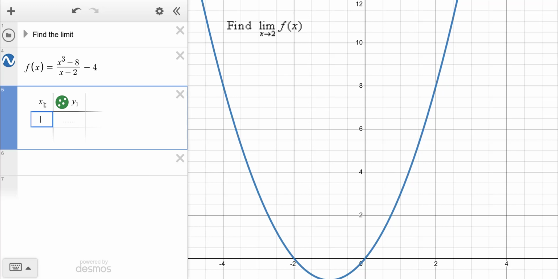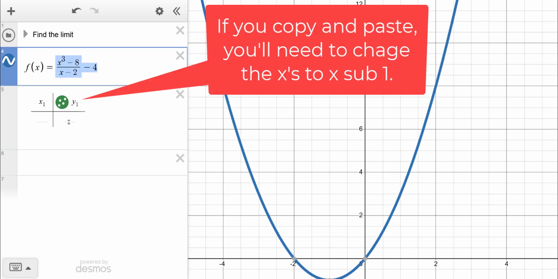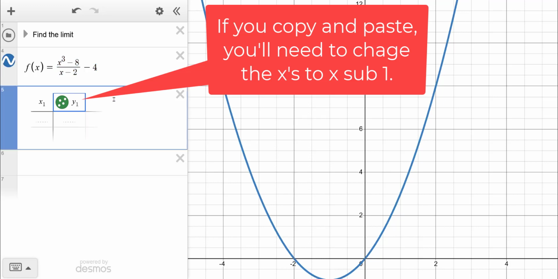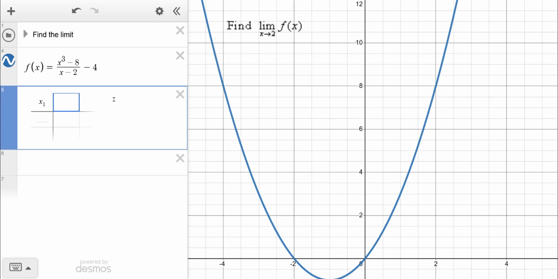Now on number 5, I've got the table. Notice it says x1. x sub 1 is referring to a very specific x number. And it's also got an output, y1. You could type in a function here for y1, you could copy and paste this in here for your output. But just for another way to do this, I'm going to type in f of x.